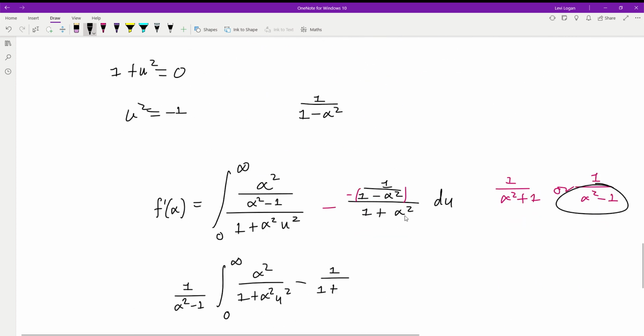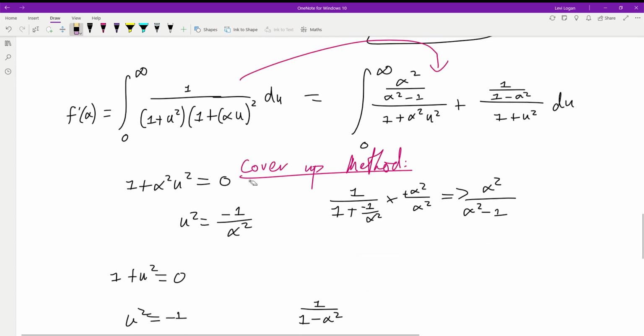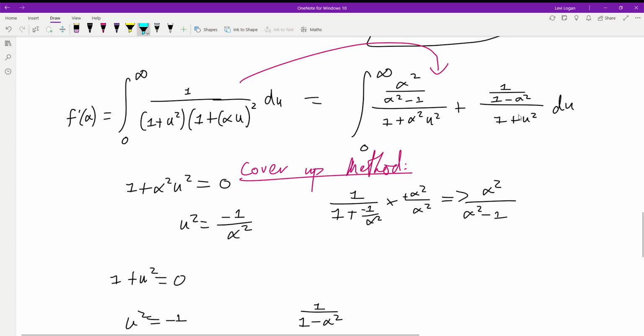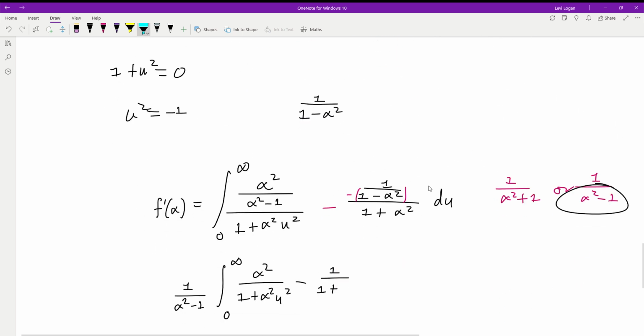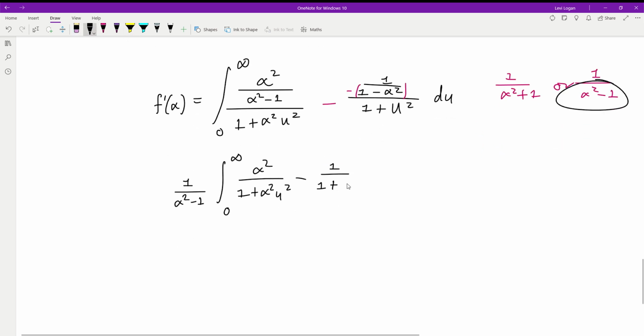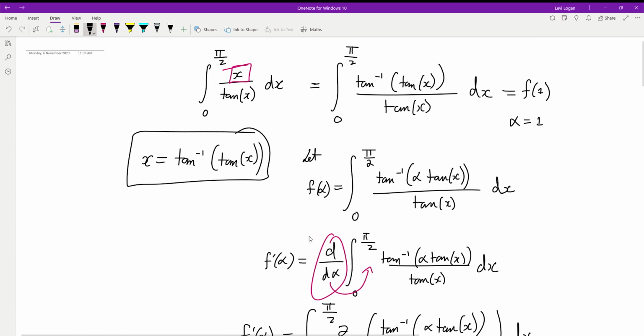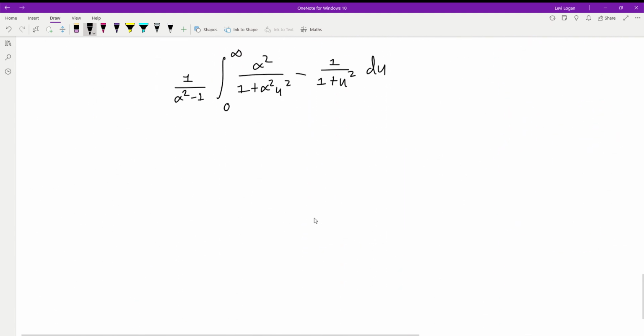That's not an alpha, that's a u. My mistake, I didn't carry my u here. That would have been a big error. u, and then that's a u squared, du. Alright, cool.